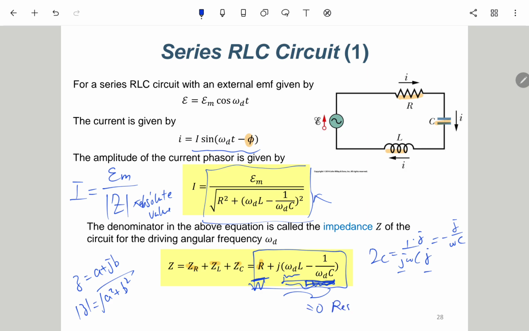This is the resonance, 共振。它的意思是什么时候可以最大？So when does this phasor take the maximum? Which means the magnitude of the current is maximum. This is a positive value, we can't do anything to it, but we can choose an omega d such that this one is 0.